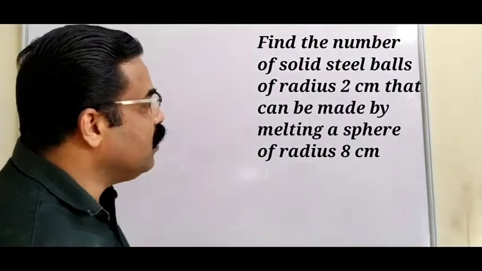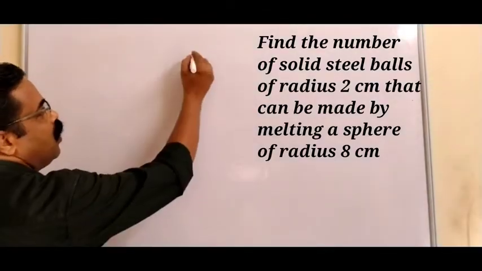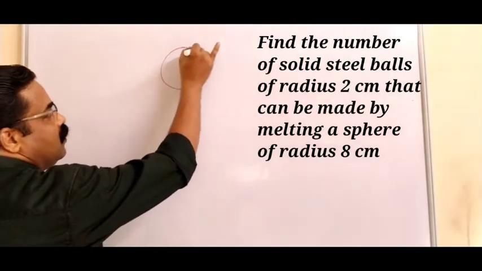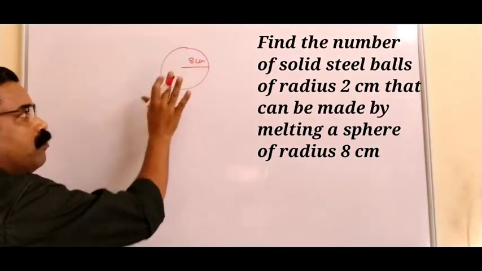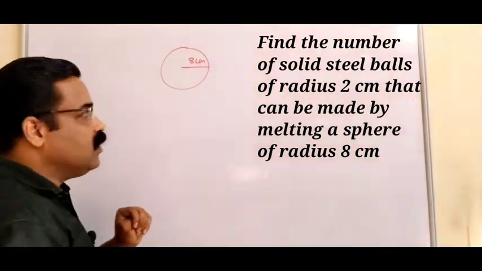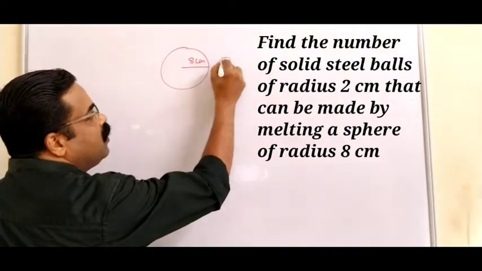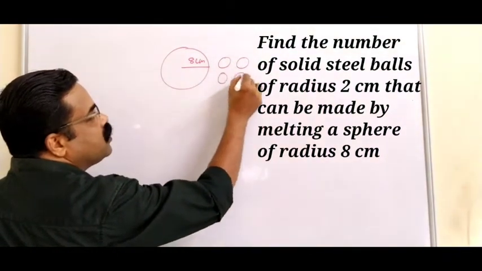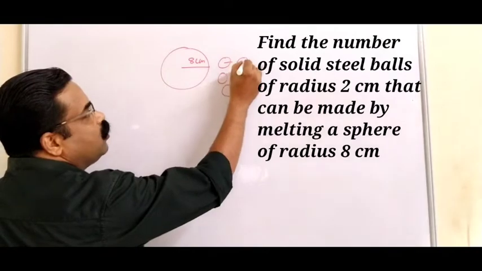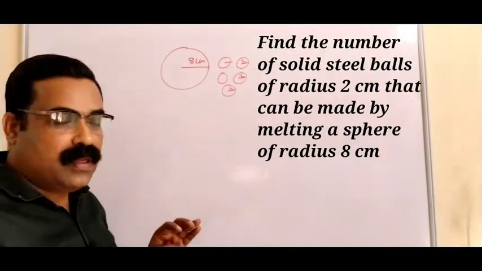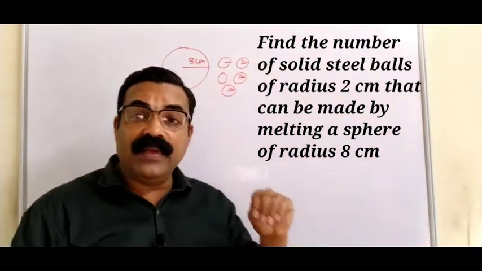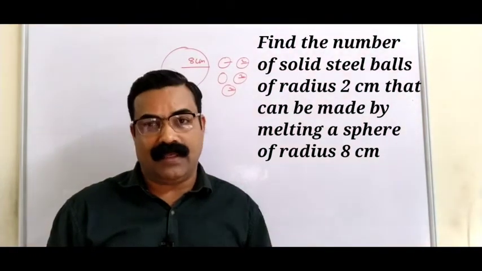What the question says is, you have a big sphere of radius 8 centimeter. You have to melt it. After melting, you make small balls of radius 2 centimeter. How many such balls can you make?